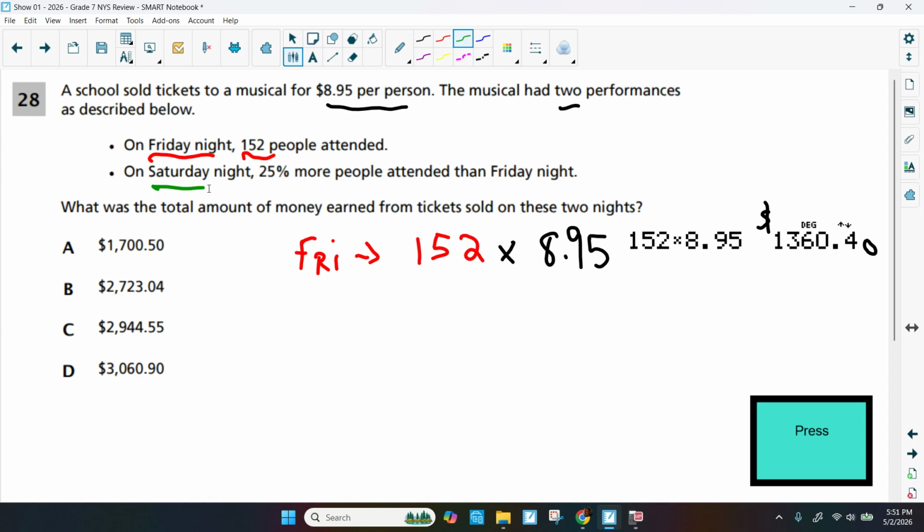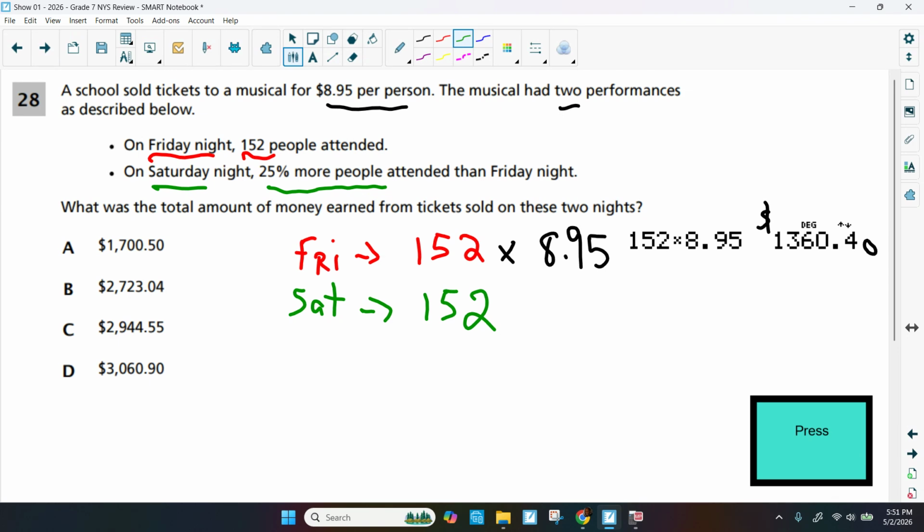Saturday night, 25% more people attended than Friday night. So on Saturday, they had more people than Friday. Well, Friday had 152 people. So there's 25% more. So let's deal with that.